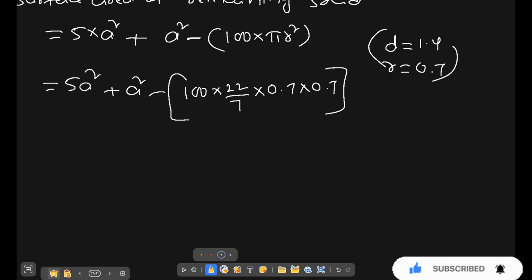Next, 5 into a squared, where a is the edge length 14.